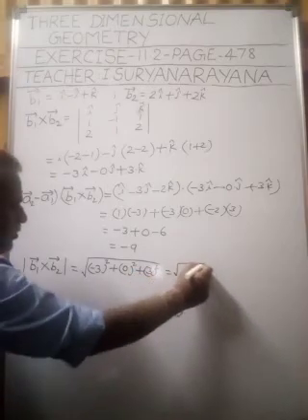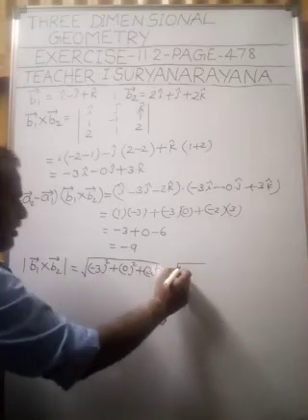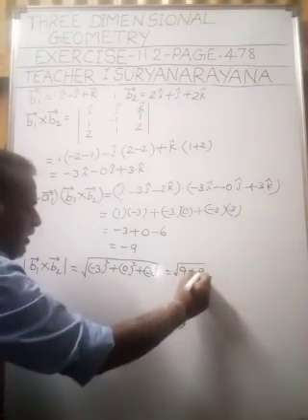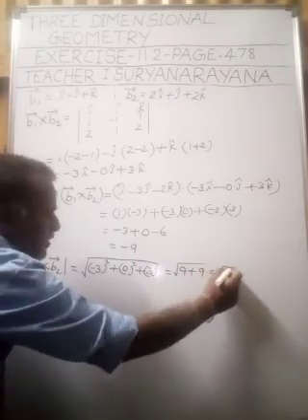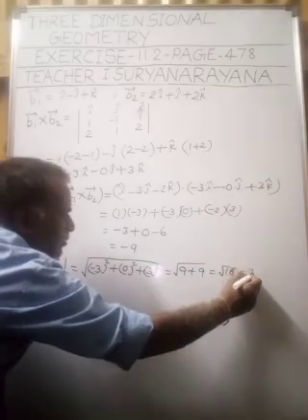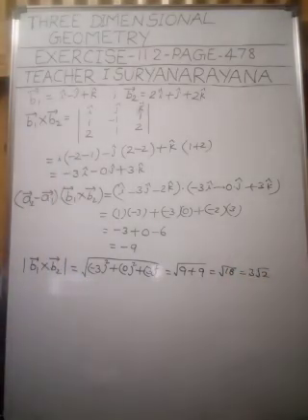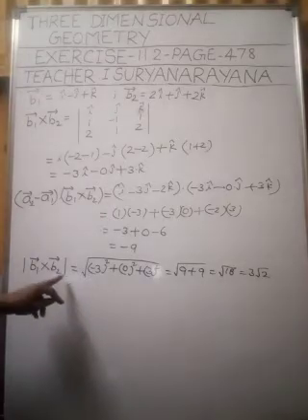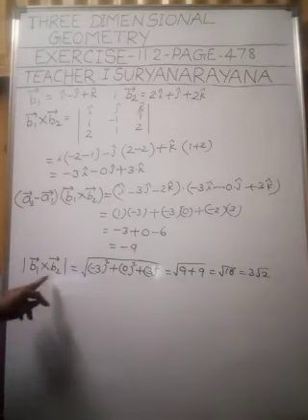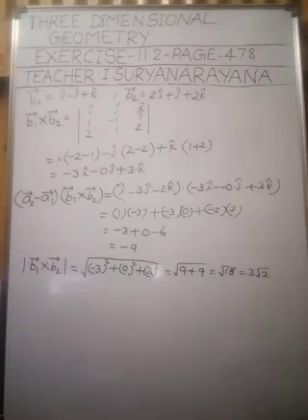Okay, my children, understood this step? Then what do you get here? 9 plus 9. Then what do you get? Root 18. That is equal to 3 root 2. So now, my children, this is the value of modulus of B1 bar cross B2 bar. We found all the values which are required.